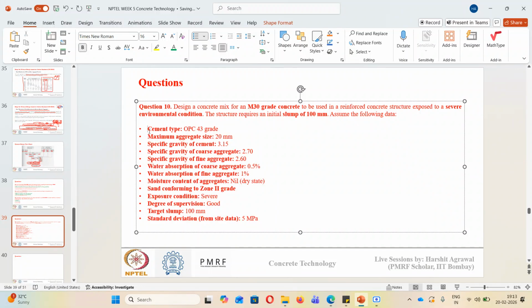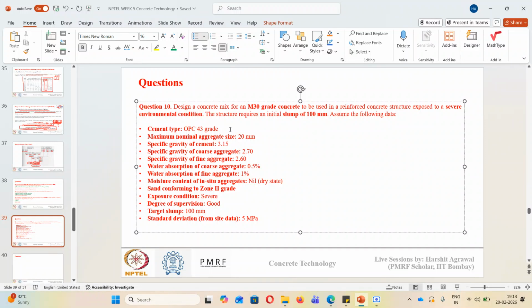We know the cement type, it is OPC 43 grade. We know the maximum nominal aggregate size, the specific gravity of cement, coarse aggregate and fine aggregate, and the water absorption capacity of coarse aggregate and fine aggregate. What is the moisture content in situ of aggregates? It is dry, so whatever aggregates we have are in dry state.